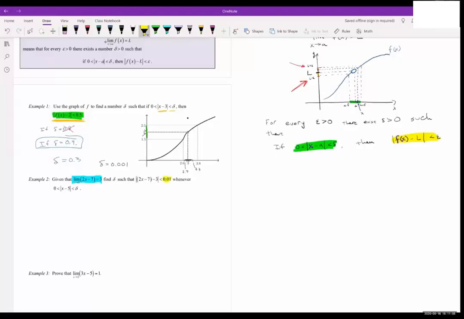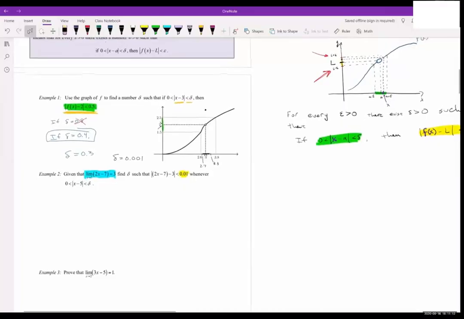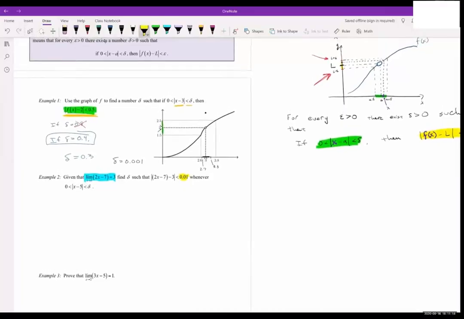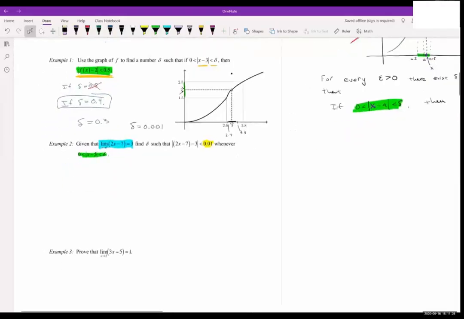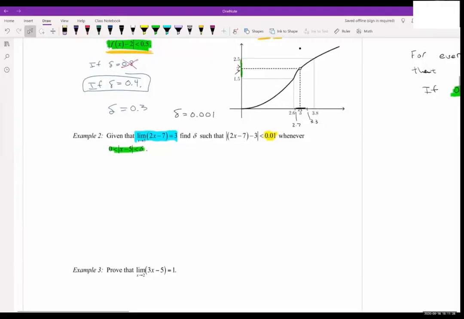This is our epsilon, 0.01, whenever x is within a distance of delta from 5. So that would be this part here. And to do this, we're going to notice that we want this to be true, right? We want this.